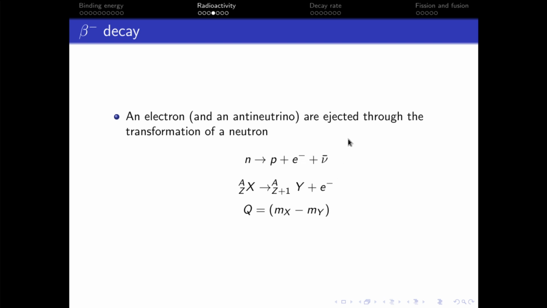The small thing I neglected so far is a particle that was predicted to exist through this type of reaction, called a neutrino. Here, more precisely, an anti-neutrino, the antiparticle of a neutrino, antiparticle as we discussed yesterday being a particle of antimatter. Just a short parenthesis: neutrinos do not interact very strongly with matter, so they are very hard to detect. They generally pass through obstacles without any problem.